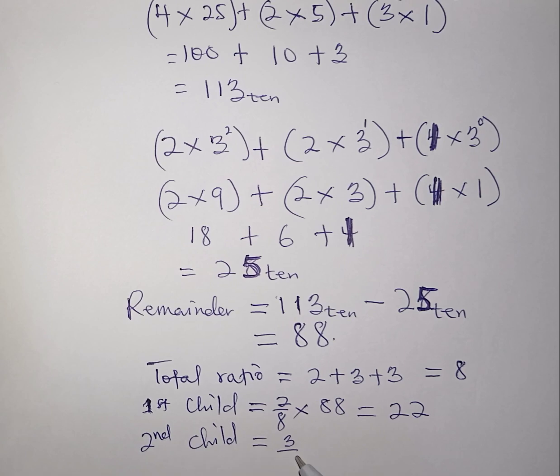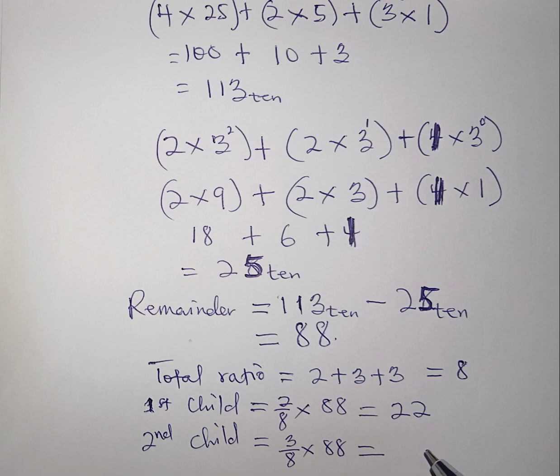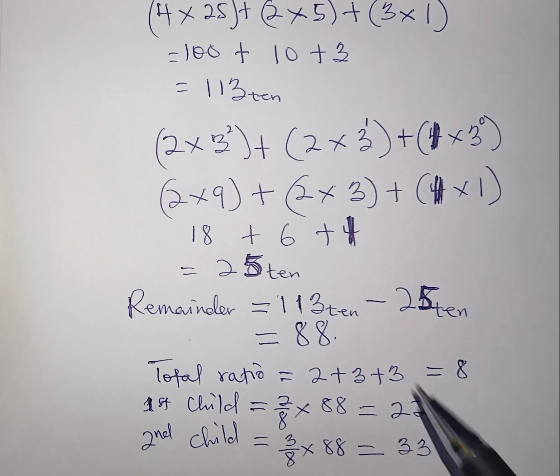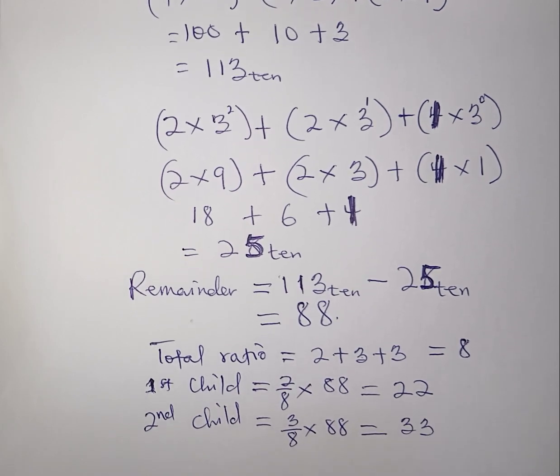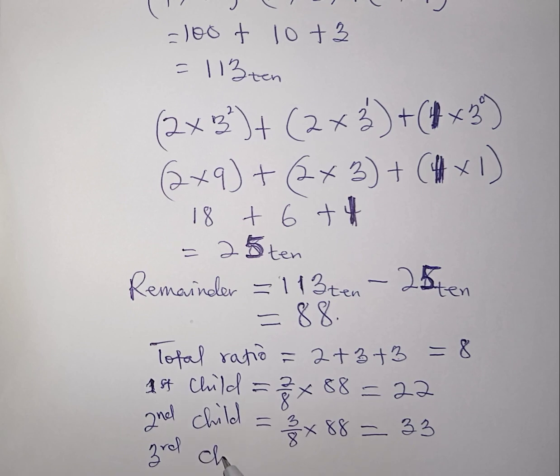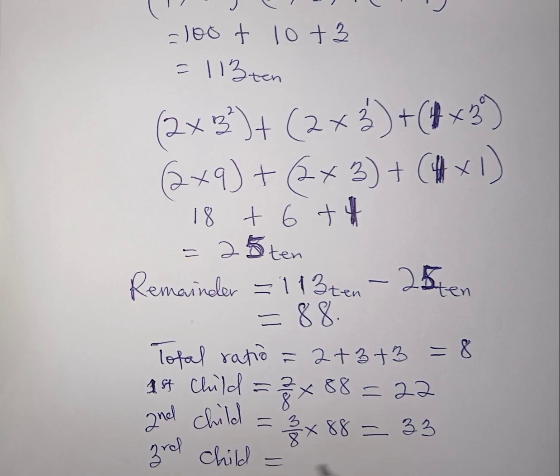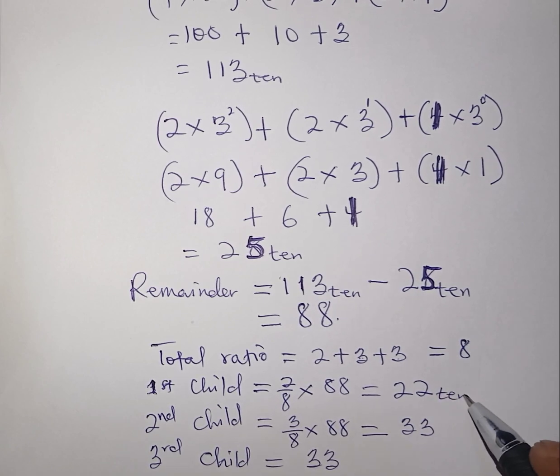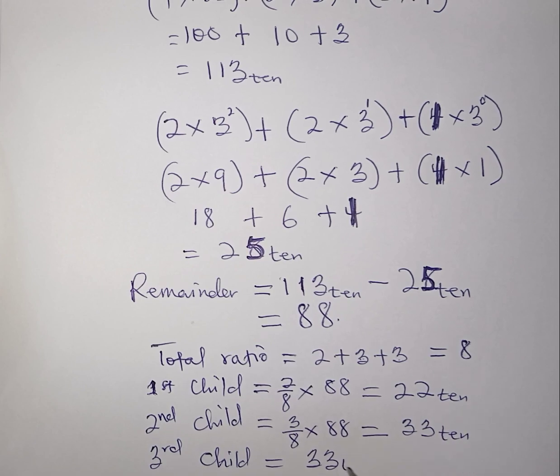So 3 on 8 times 88, which gives us 33. Now, if you look at the share of the second and the third, they are all having the same ratio. Since we have worked with 3 as 33, the third child will also get 33. So this will be their share.